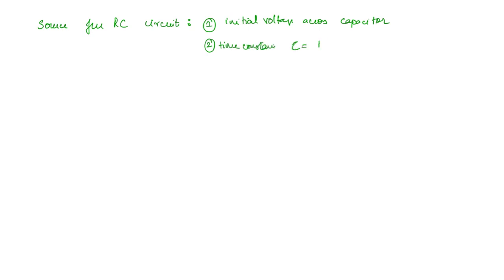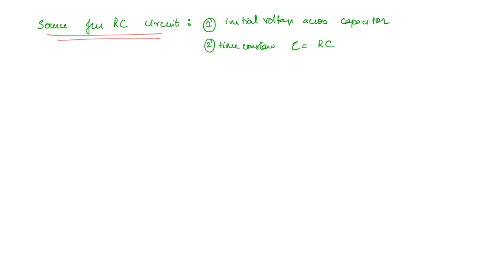Tau is equal to R into C. If you know these two values, then you can find out the voltage or the current through any element. So we have seen a simple RC circuit with only one resistor and one capacitor. There might be more than one capacitor and more than one resistor, even if the circuit is a little complicated. If you know the initial voltage and the time constant, this is for the case of a source free RC circuit, remember.